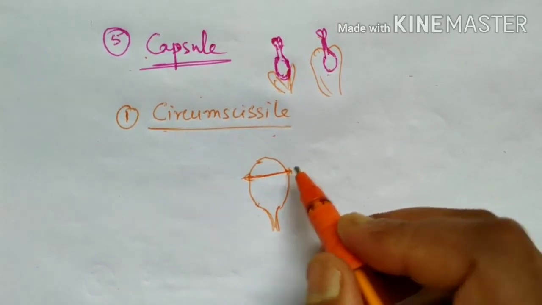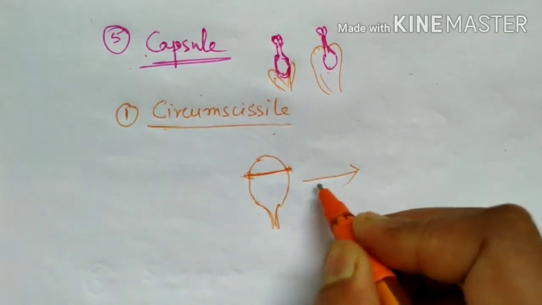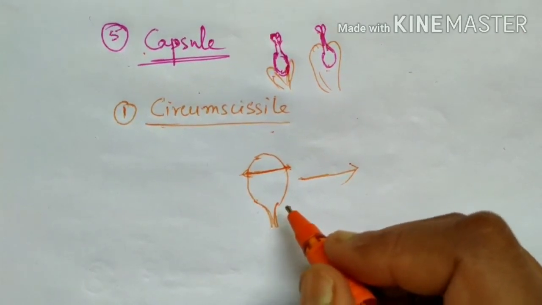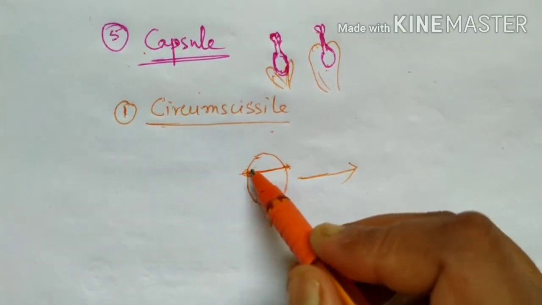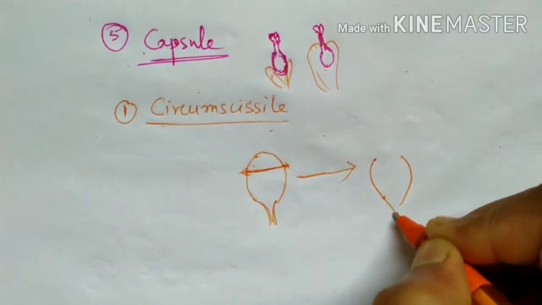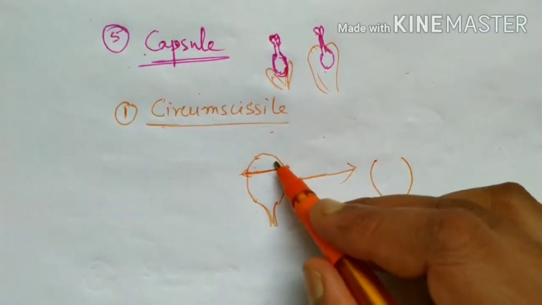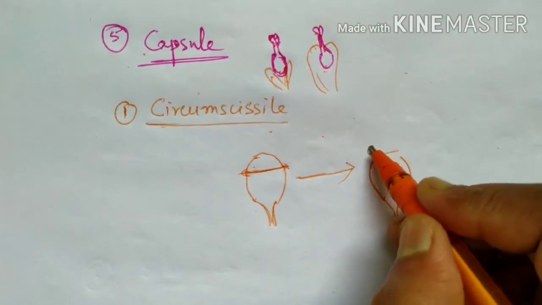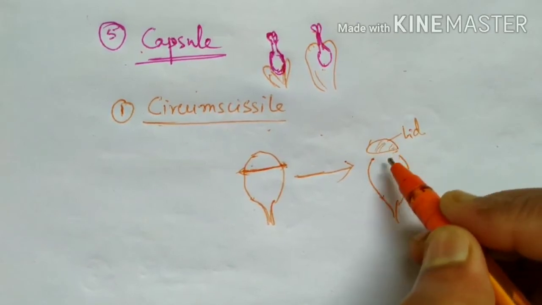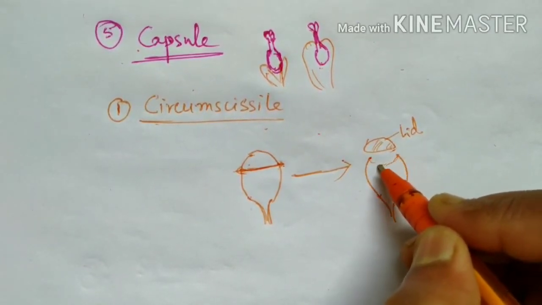after breaking of this pericarp, it looks like the top portion comes off as a lid. So like this. So this is the top portion and this looks like a lid. And here this fruit breaks.